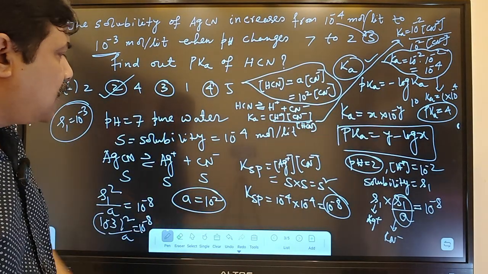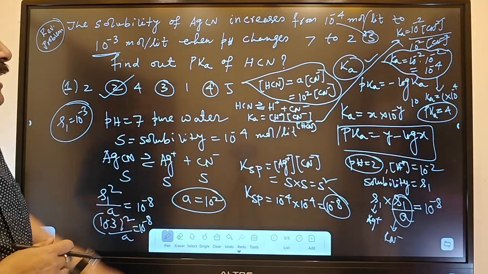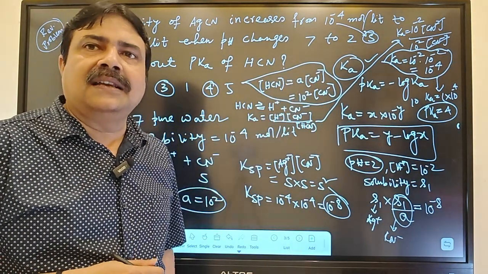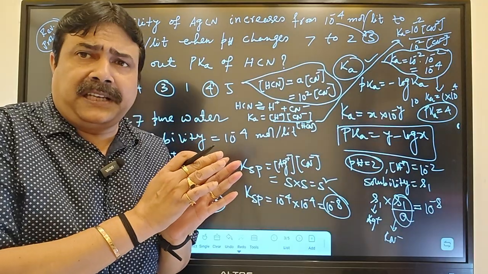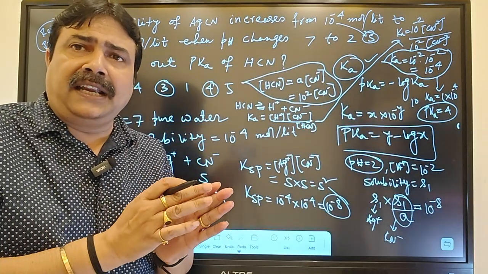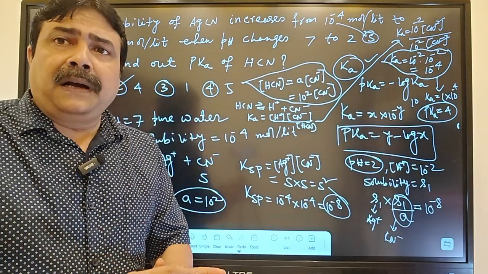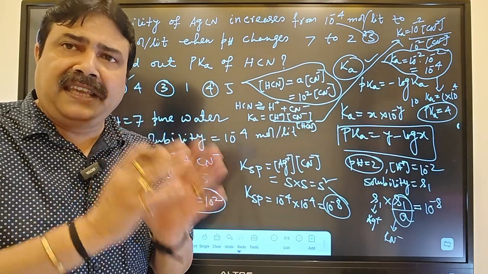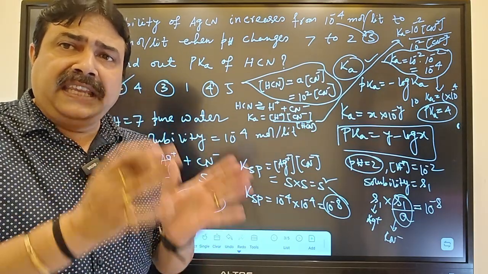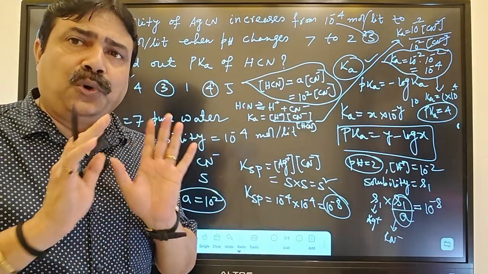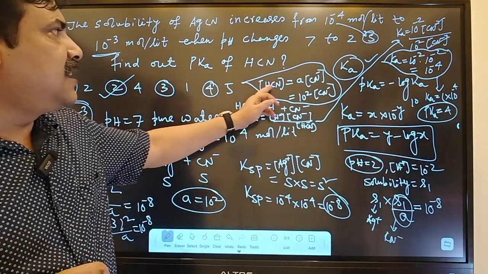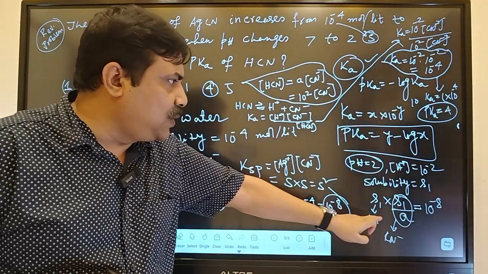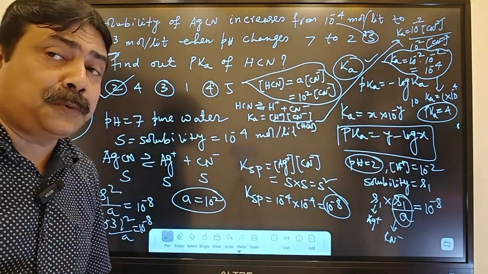Now once we got the A value, then for the HCN concentration, in the forward problem we had an expression for S1, cyanide plus A into cyanide ion concentration, so HCN equals A into cyanide ion concentration. Here A we calculated, which is 10 power of 2.